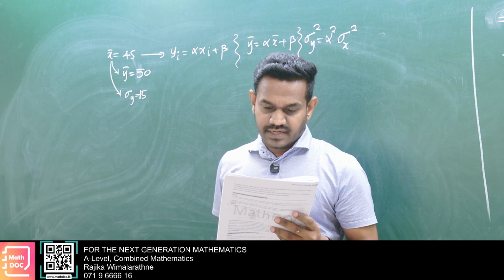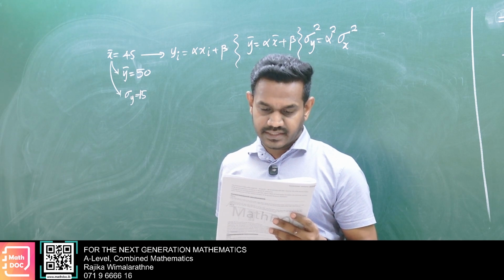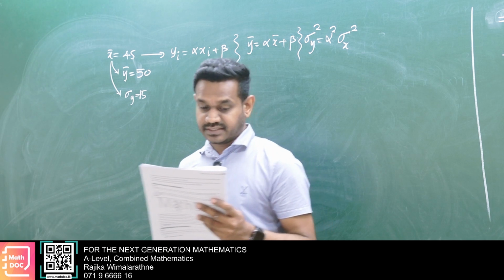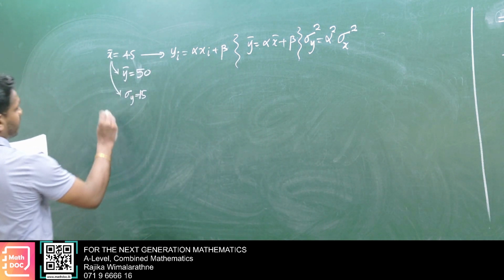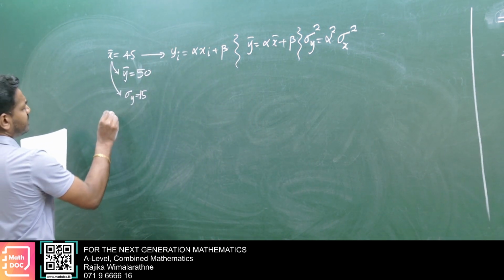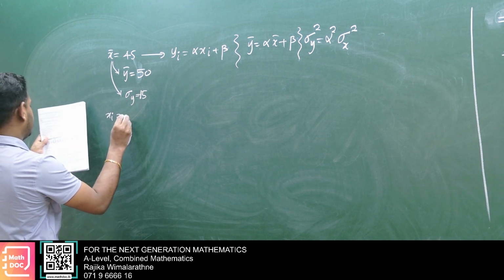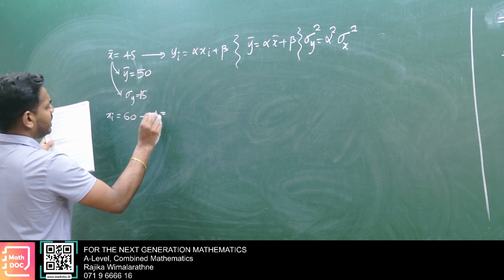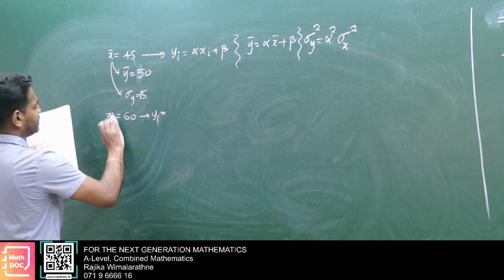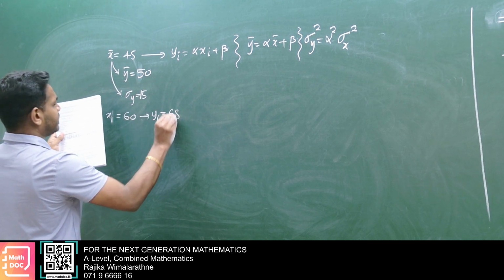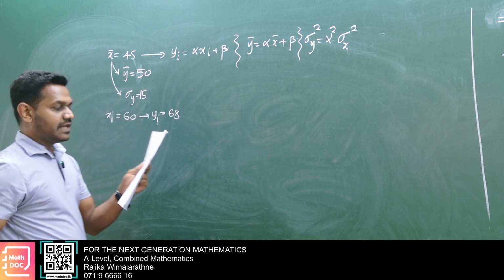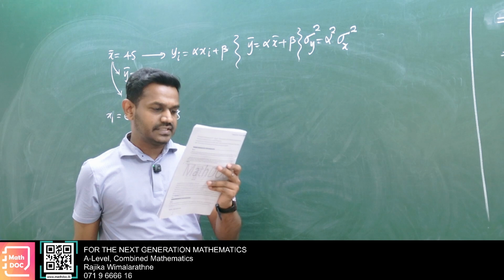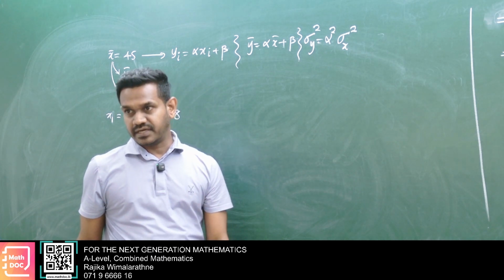It is given that the scaled mark 68 corresponds to the original mark 60. Then here xi, original mark 60, has scaled mark yi, 68. Calculate the standard deviation of the original marks.